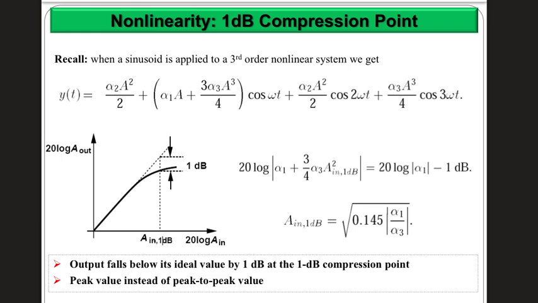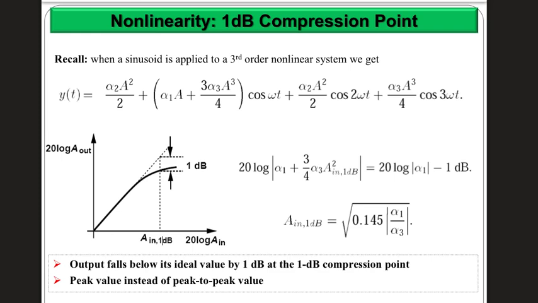This is the output, because this is coming out of the nonlinearity of the circuit, right? Then you have to equate this with what would have been the output if the system was linear. If the system was linear, it's going to be alpha 1 multiplied by cosine, so it's just alpha 1 A.